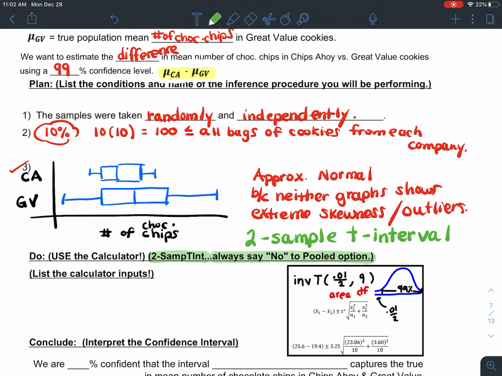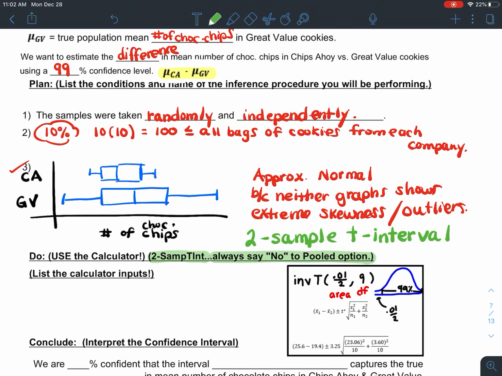So they're going to give you the sample mean for L1, which I believe L1 is the Chips Ahoy data. I'm just going to make a note here that this is Chips Ahoy. And then L2 is everything pertaining to Great Value.